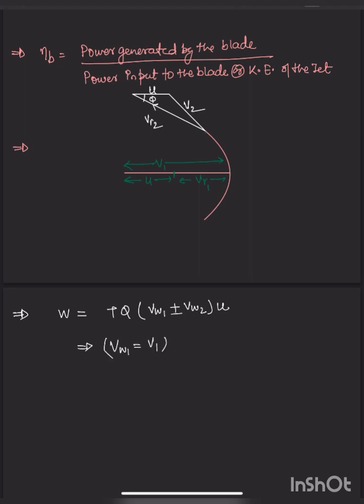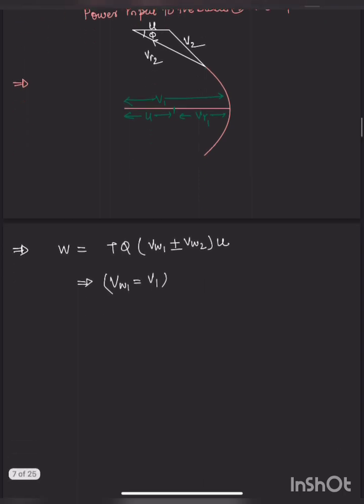To calculate the tangential component of the velocity at exit, since there is no frictional loss over the blade, VR1, the relative velocity of the jet at inlet, is equal to the relative velocity of the jet at outlet. So we have VR1 is equal to VR2.